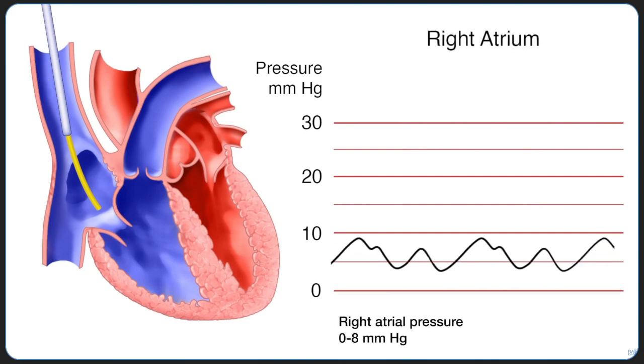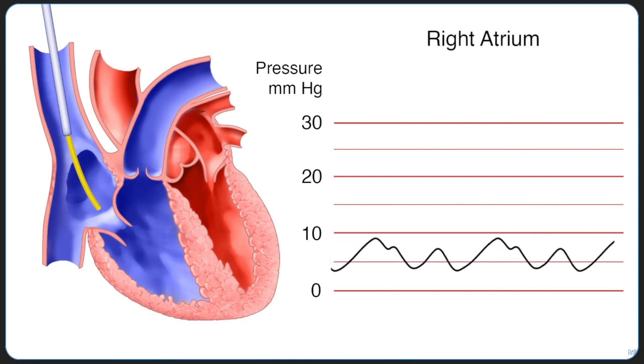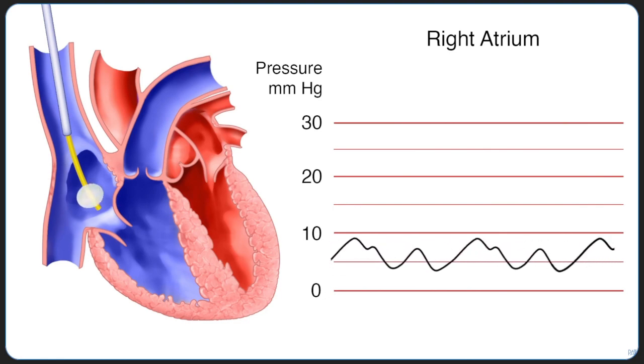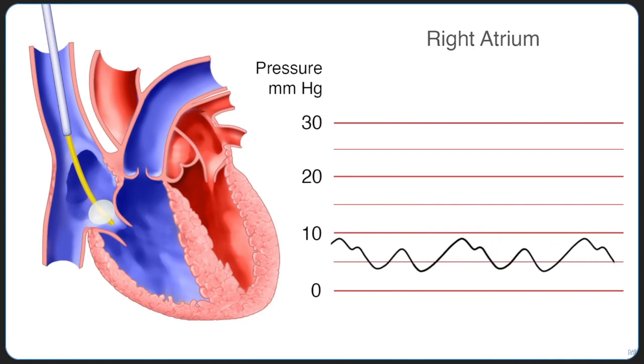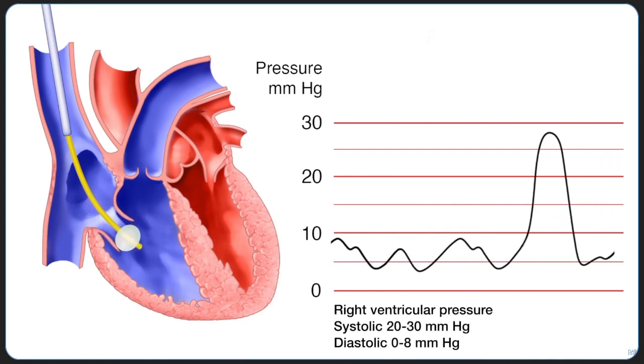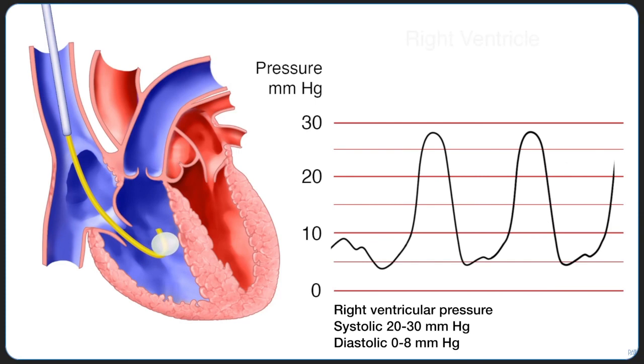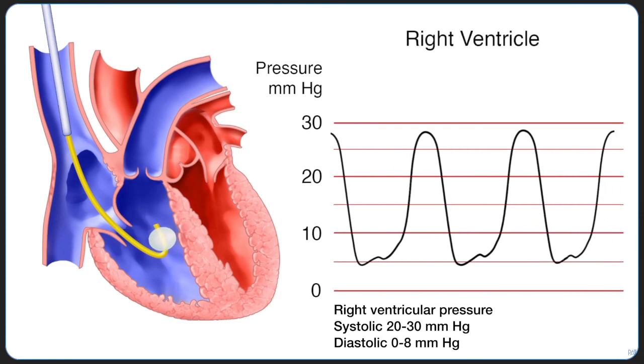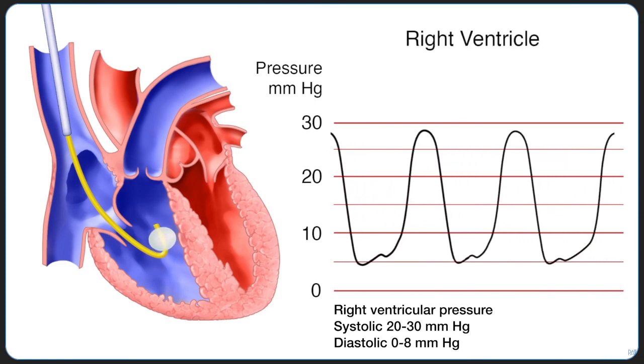The balloon is inflated and the blood carries it through the right ventricle. In the right ventricle, you could see that there are giant waves. It's usually created because there's very low diastolic pressure. The diastolic pressure usually corresponds to your CVP.